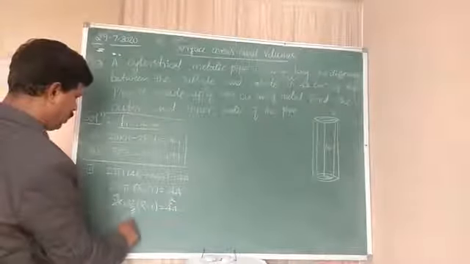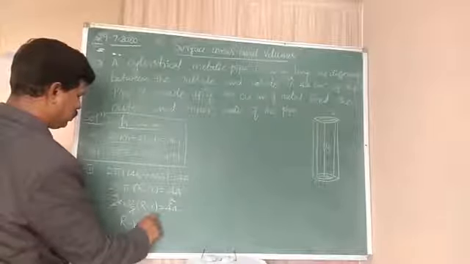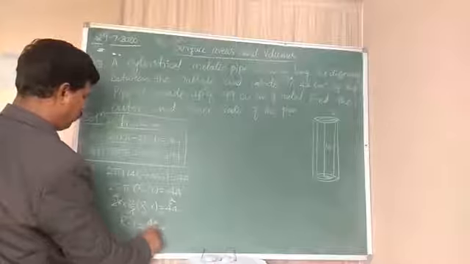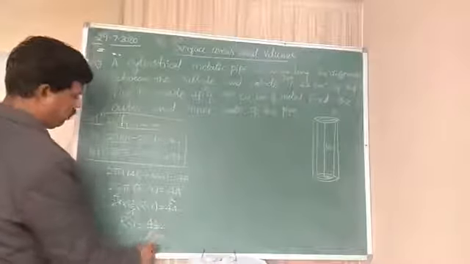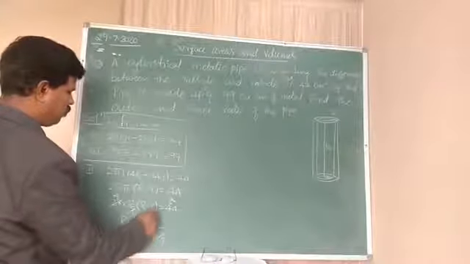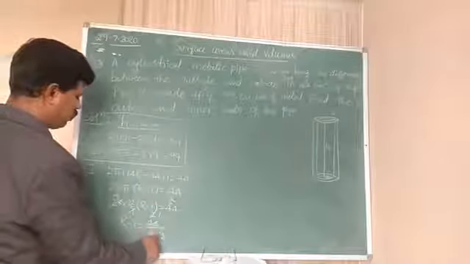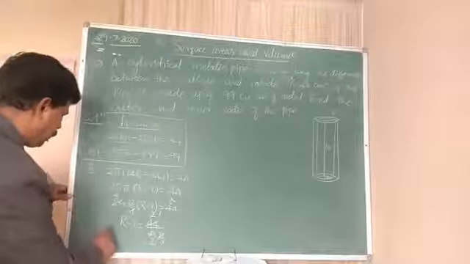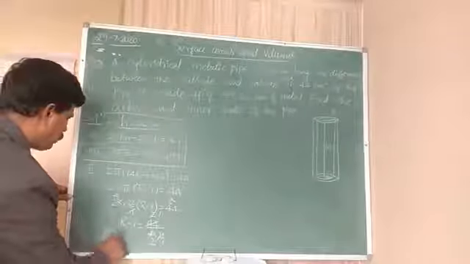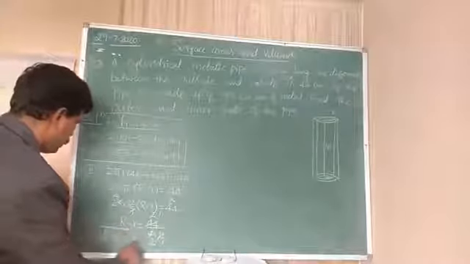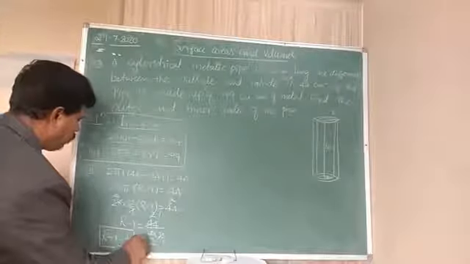Now R minus r equals 44 by 4 into 22. 22 twos are 44, 2 twos are 4. So I am writing here R minus r is 1 by 2. Take this as equation number 1.